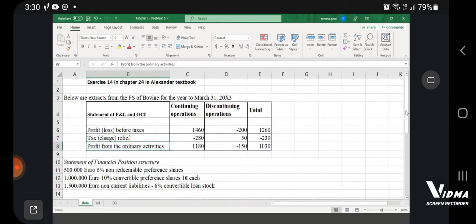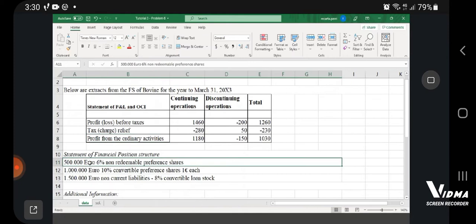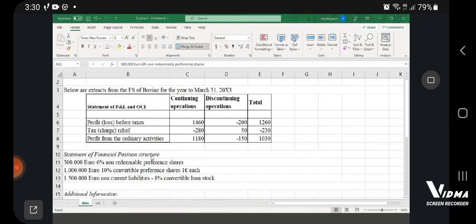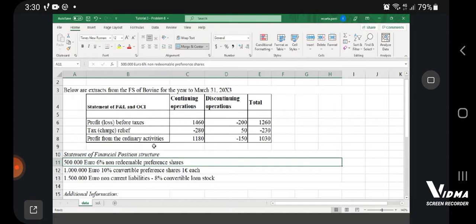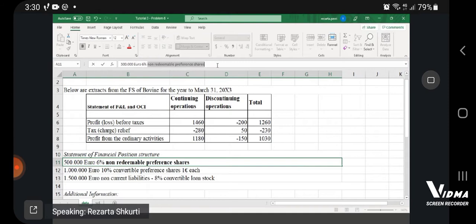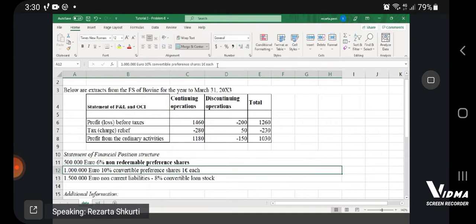We have some information about the financial position. We have 500,000 euro, which are 6% non-redeemable preference shares. You see, they are preference shares and non-redeemable. That means that they are not going to be paid back. They are not going to be redeemed, okay?